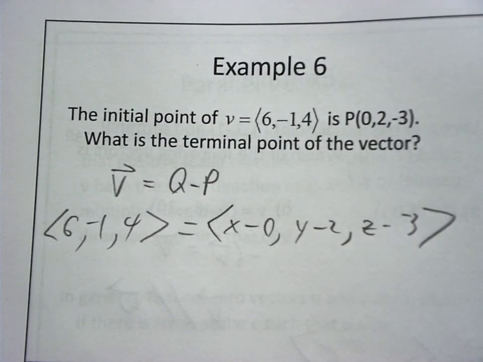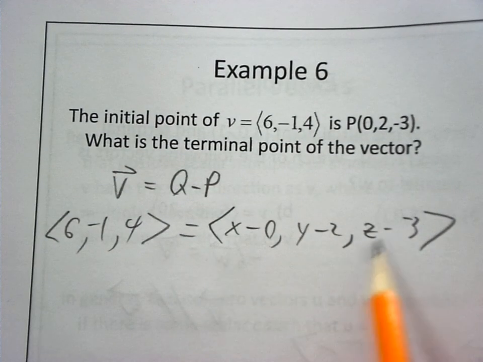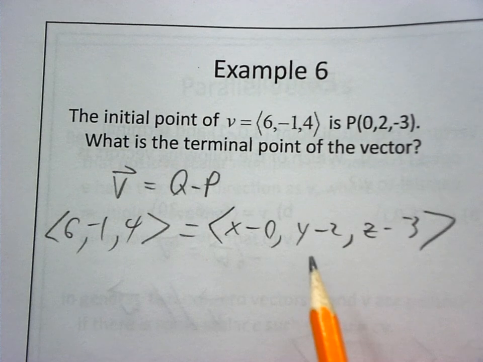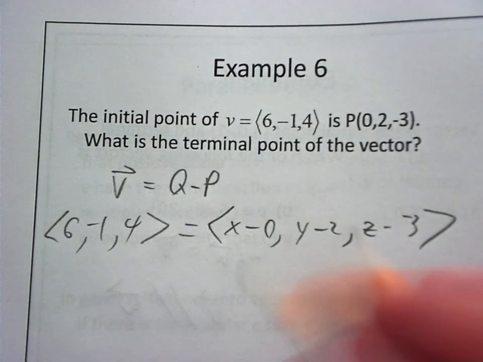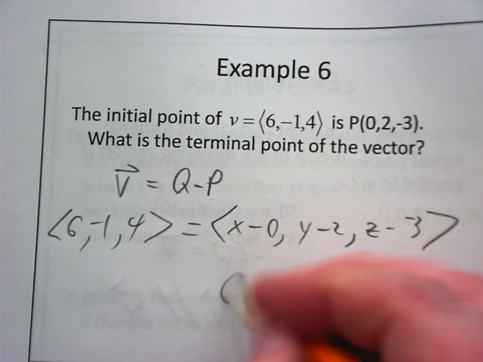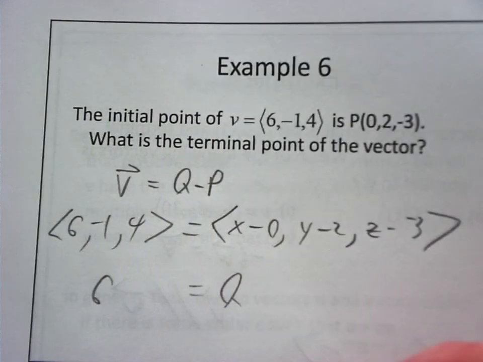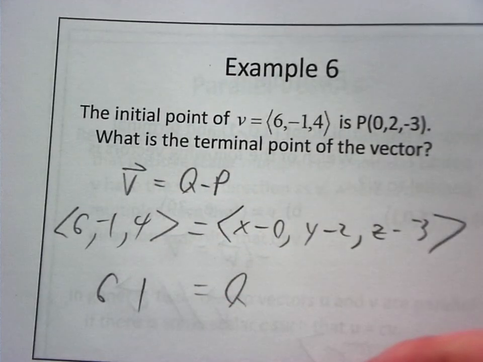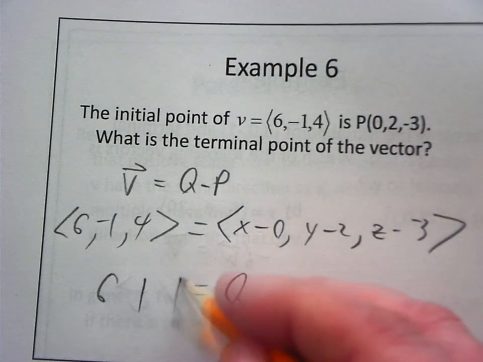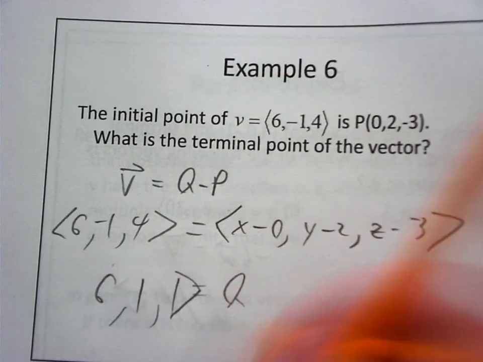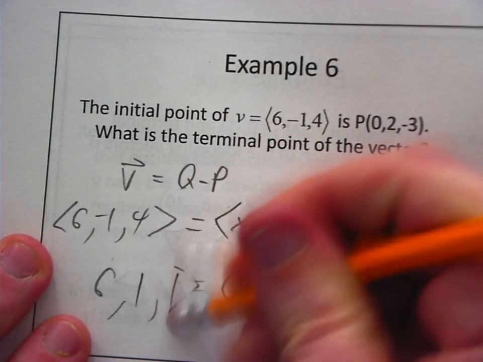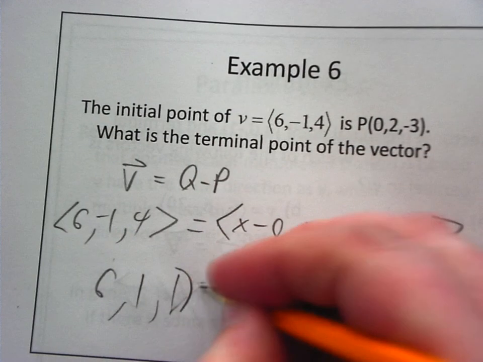In order for that vector to be true, x, y, and z would have to be your q coordinate, right? So, what do you get? 6, 1, and 1. Yep, 6, 1, and 1. Oops, and that should not be a vector, because it is just a point in 3 space.